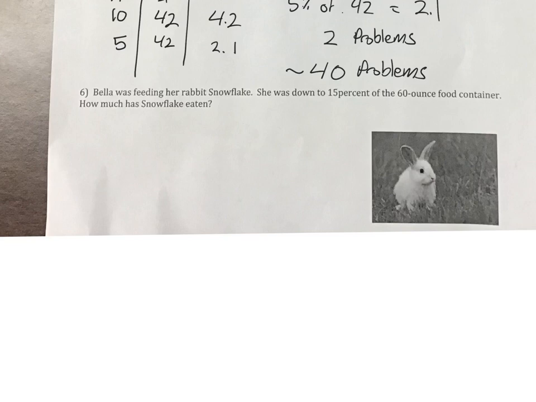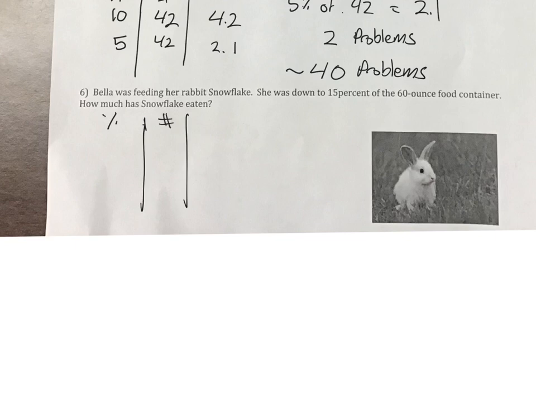Oh, Bella was feeding her rabbit Snowflake. She was down to 15% of the 60-ounce food container. How much has she eaten? Okay, so what do we want? We want our numbers. So I'm going to make my chart again. Here's our percent. Here's our number.